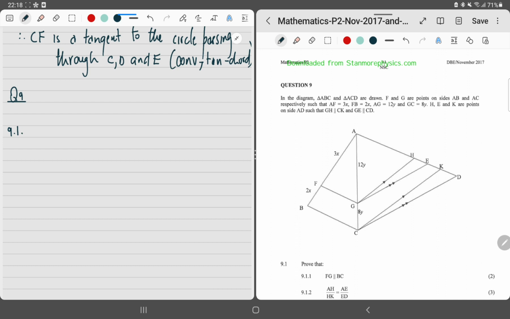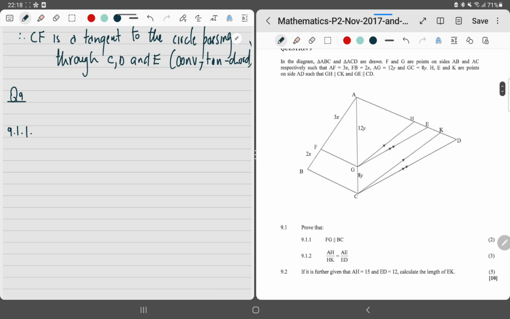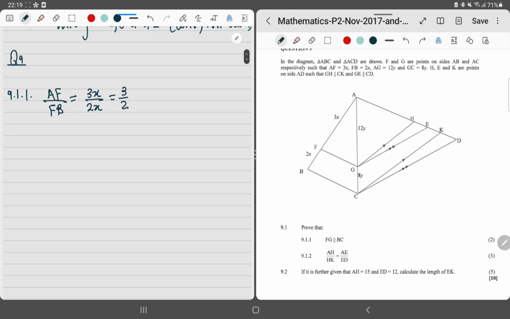9.1. They want us to prove that FG is parallel to BC. So FG must be parallel to BC if we can find that the ratio of the side is equal to the ratio of that side. So we will say AF over FB is equal to 3x over 2x, which is equal to 3 over 2.